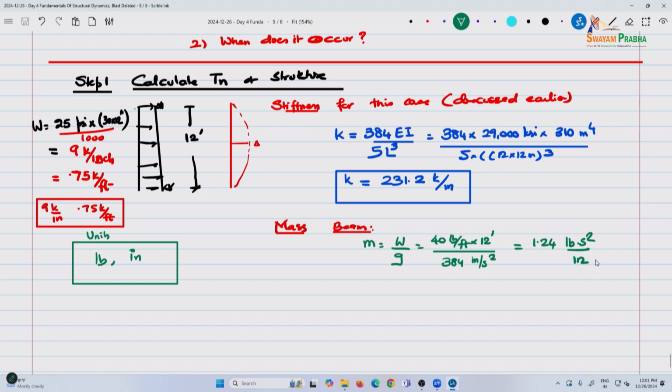Where do I stop? Mass of the beam I have taken, yes. G is 384 inches per second square in that units. What could I be, you could be doing something, and I would not object. It is not hard. No, we are looking at mass. The topic is mass.